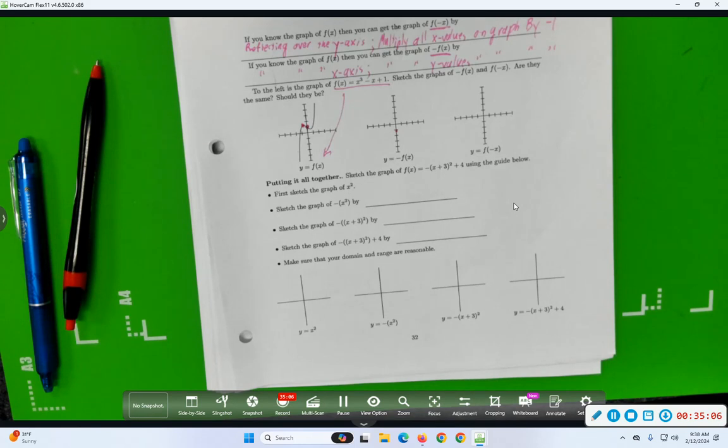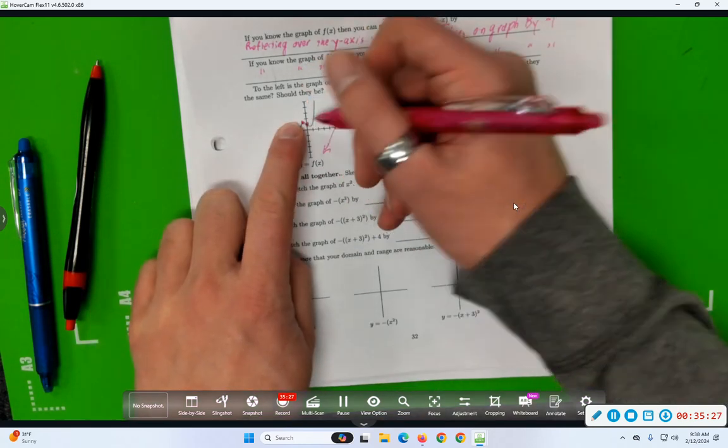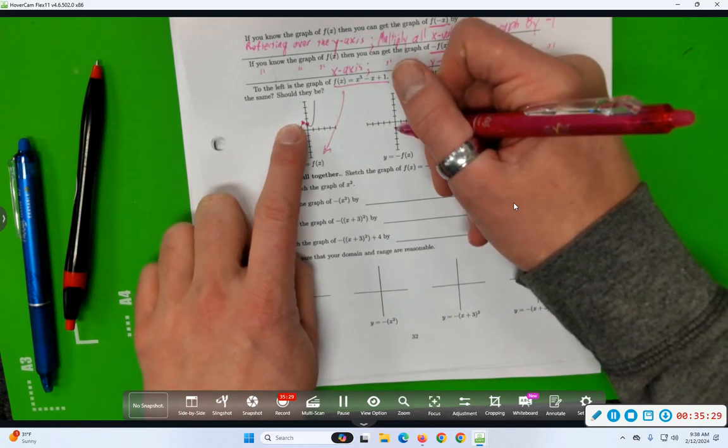Where does that point go after you do the reflection? 1, -1-ish. Or would it be the opposite? Only the y values will get multiplied by -1. So the x value will stay the x value, the y value will become negative.